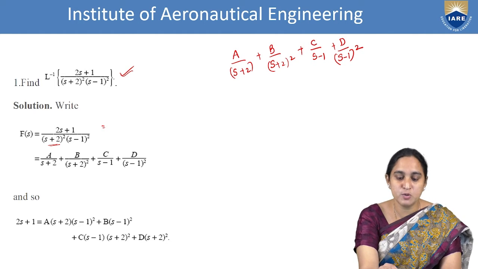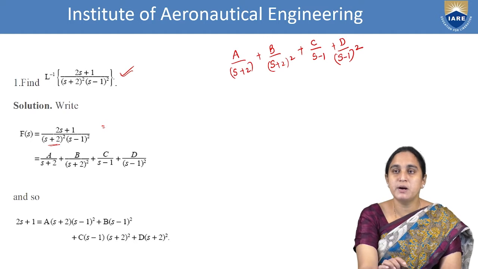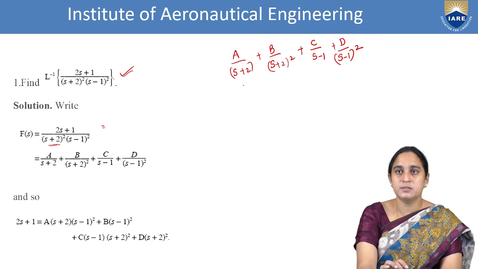Observe that by using partial fractions, the denominators are separated: A by (s+2) form, plus B by (s+2) whole square form, plus C by (s-1) form, plus D by (s-1) whole square form. By using partial fractions only, we get the answer for the first question.